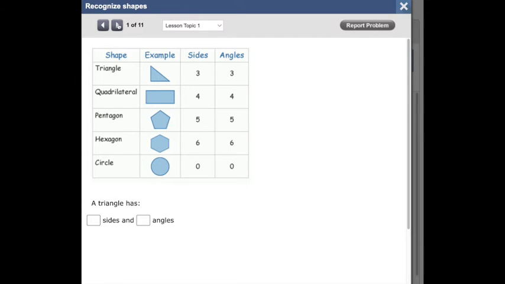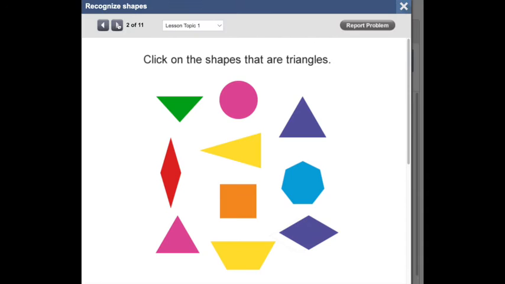Okay, now let's look at part of our lesson for today. We're going to go through a little bit of a quiz. This says, let's all read this together. Click on the shapes that are, and let's decode this word all together. This big word here, tell me the letters. T-R-I-A-N-G-L-E-S.